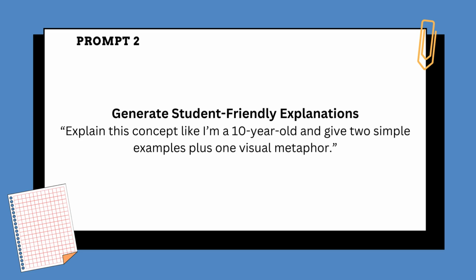For example, if you teach younger students, you could say, explain this concept like I'm a 5-year-old. If you teach high school level or maybe college level students, you could change where it says 10-year-old to someone older. It will really simplify the learning and allow students to understand complex concepts.